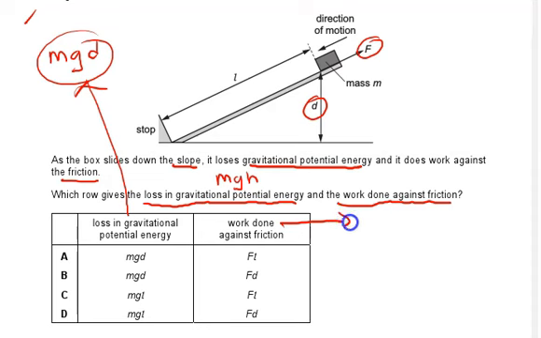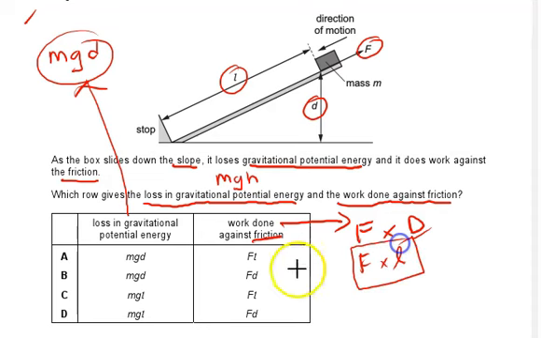But work done against the friction should be force times distance. Here the distance is replaced with the L, so it should be F times L. This one is not wrong, this one is wrong. So A is the correct answer. Now we go for number 10.